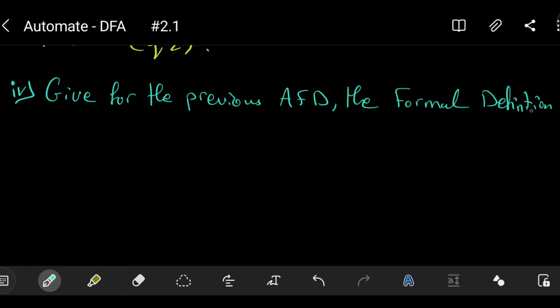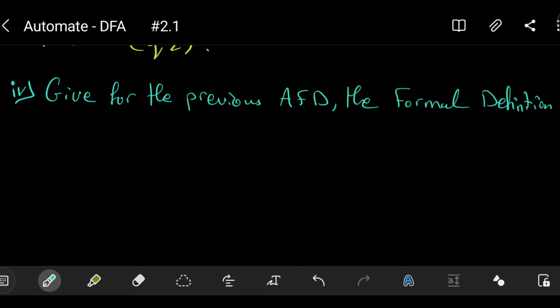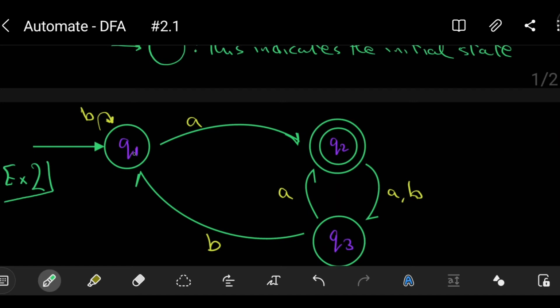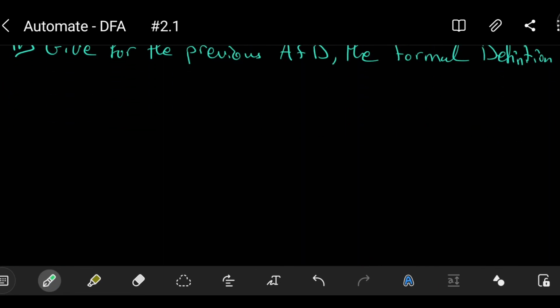When you see formal definition, it means the five things that we need to represent: the Q, Q0, F, sigma, and delta.